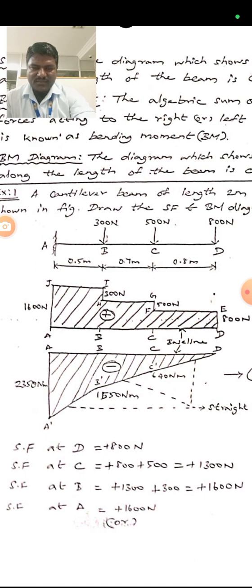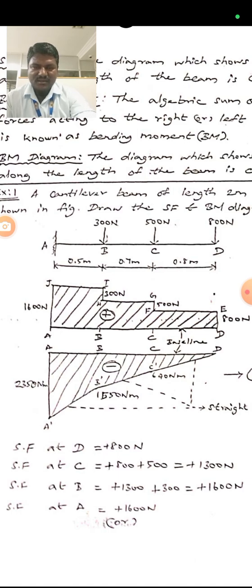In our case all the shear force values are positive, so the diagram goes in the upward direction, above the zero line. At A, 1600 Newton positive, at B 1600 Newton positive, at C 1300 Newton positive, and at D 800 Newton. Mark the values and then simply draw the shear force diagram.